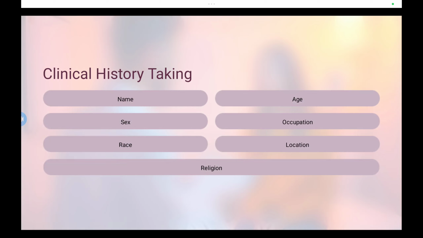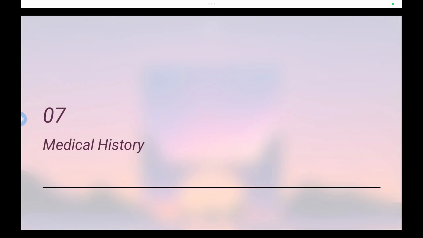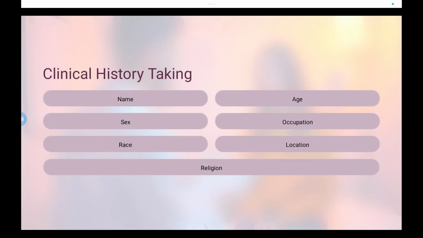Now the next is dental history. Dental history involves the chief complaint, history of present illness, expectations, pre-treatment records, previous denture, and pre-extraction records.